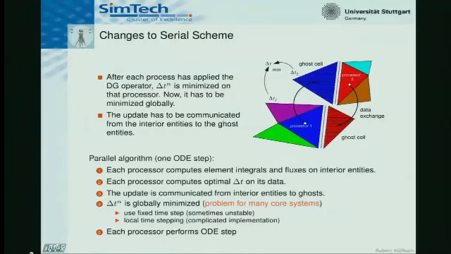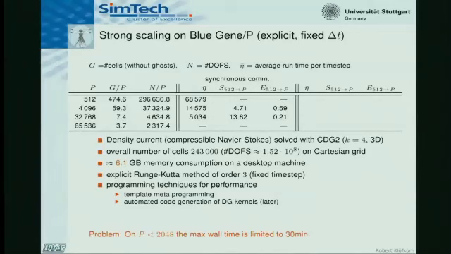Okay, so that's the basic scheme, and I ported the code to the Blue Gene P that we have in Jülich, and I wanted to see how well it works. This example is for an explicit ODE method with a fixed time step, and I wanted to know how well it scales if I go from 512 to 65,000 cores on a relatively small grid.